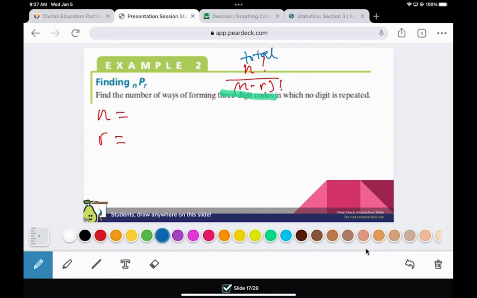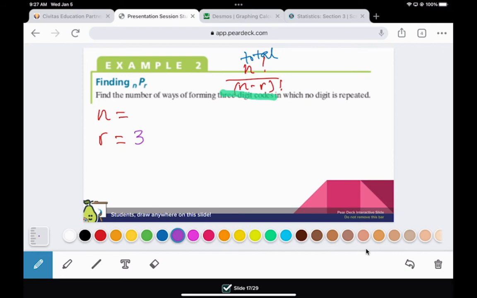Because this is something that you're going to do on your own. So n is 3? N is the total of all numbers. So in this case, n is not 3, r is 3. R is 3. The reason r is 3 is that's how many numbers I'm taking at one time.